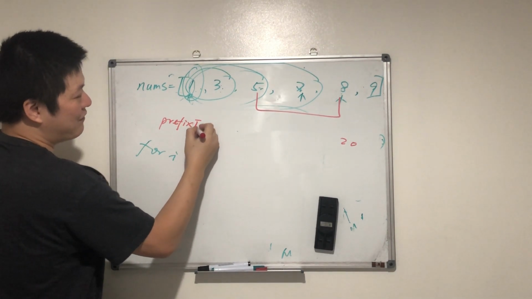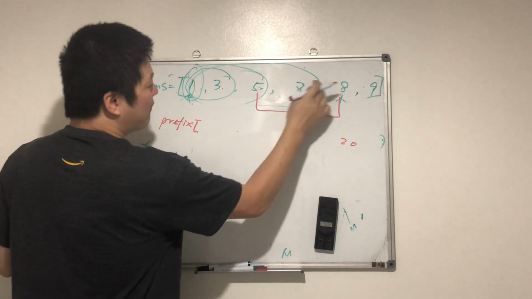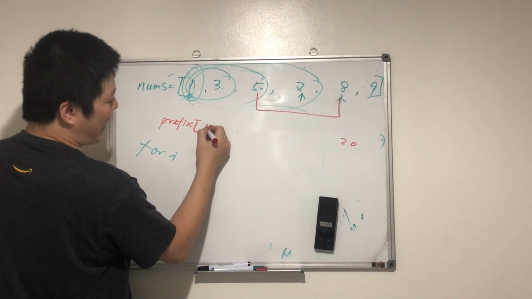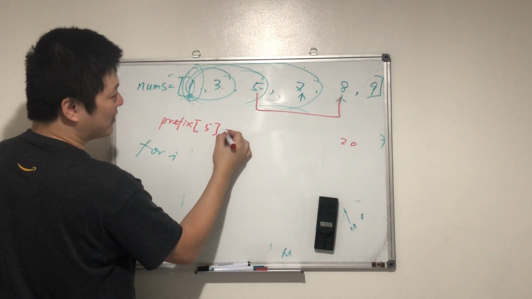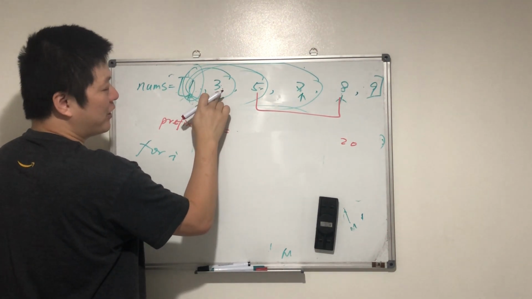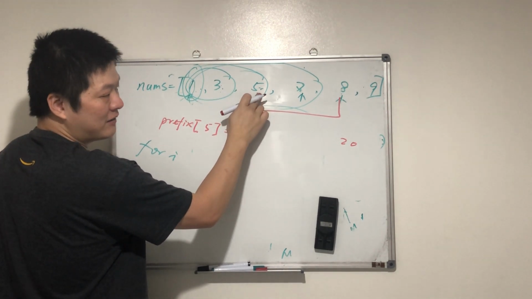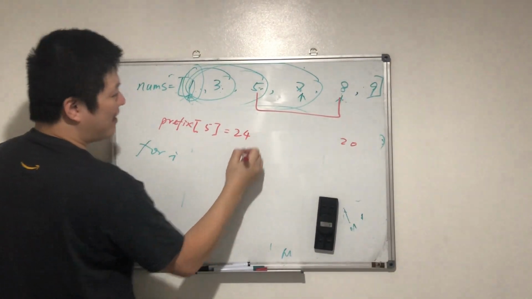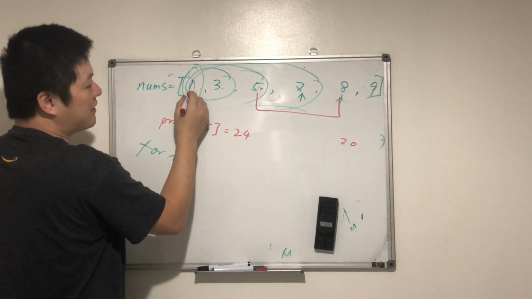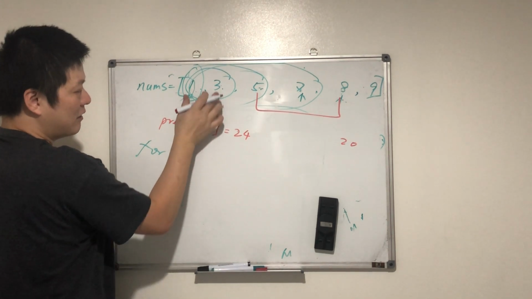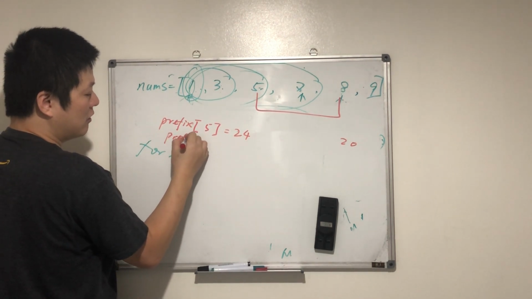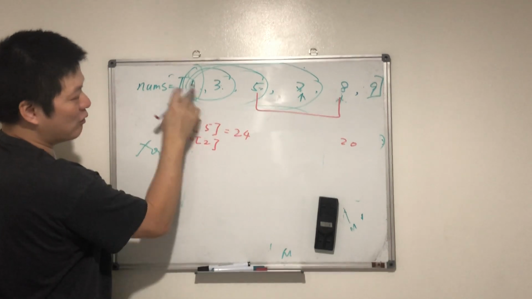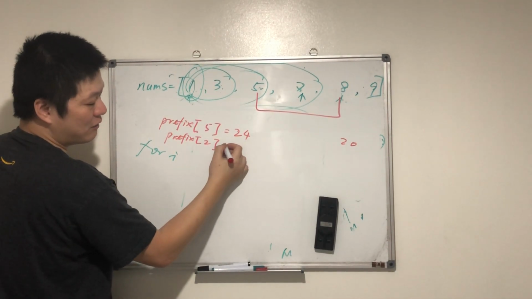Prefix 5, okay, let's do 5, equals 1 plus 3, 4, 9, 16, 24. 24. Okay, and then prefix of the first two numbers, prefix 2, is what? 1 plus 3, 4.